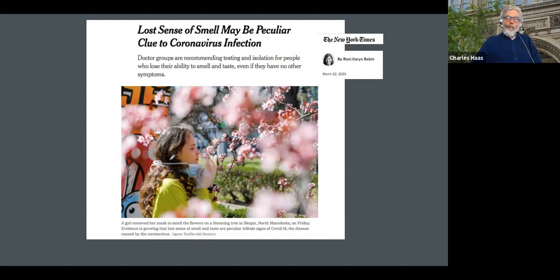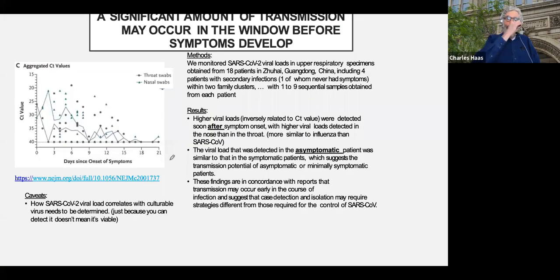It could be damage to nerve tissue in the nose, or it could be damage to other organs in the nose as well. As I said, a significant amount of transmission can occur in the window before symptoms develop. Now, this can proceed during the symptomatic period.